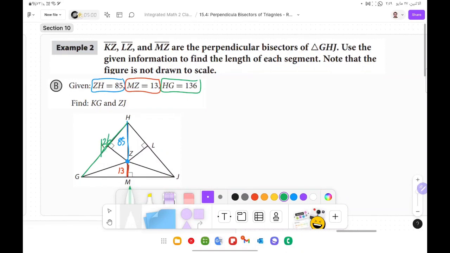Now, let's find the first one, which is KG. Where is KG? Sorry, let me erase this one. KG is starting from the middle to this one.